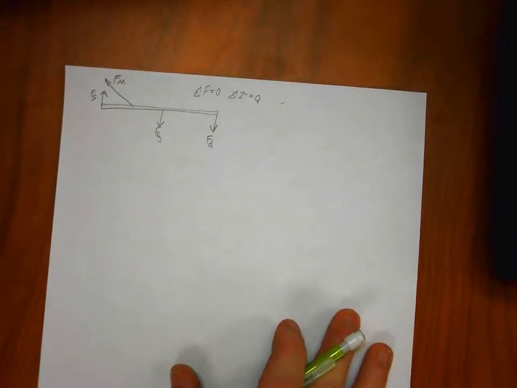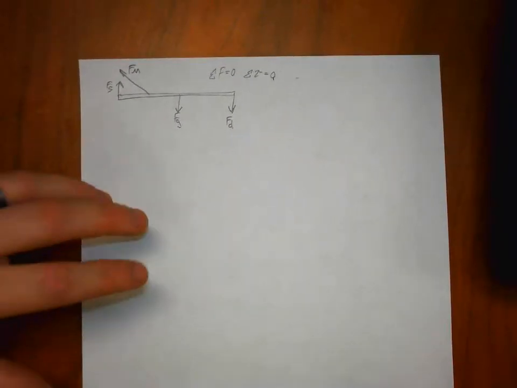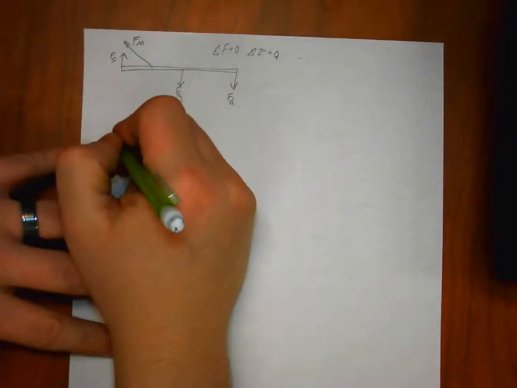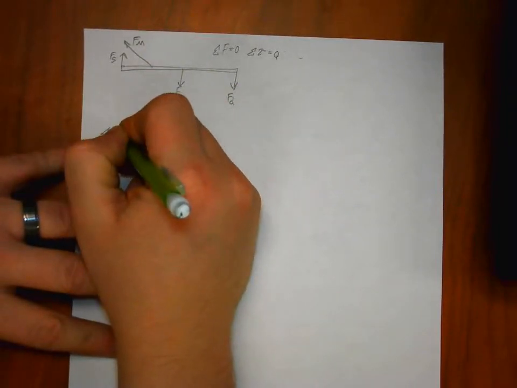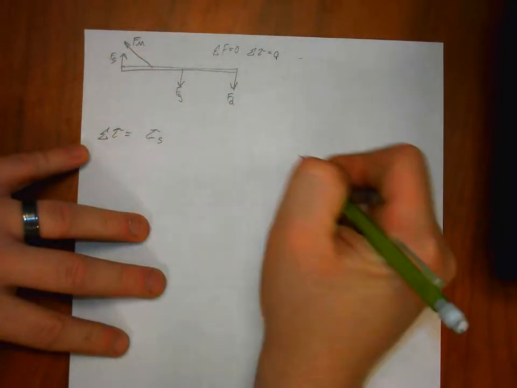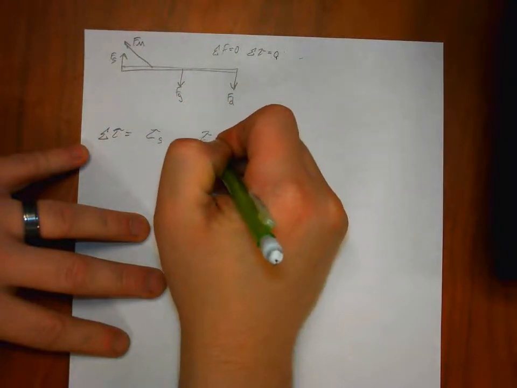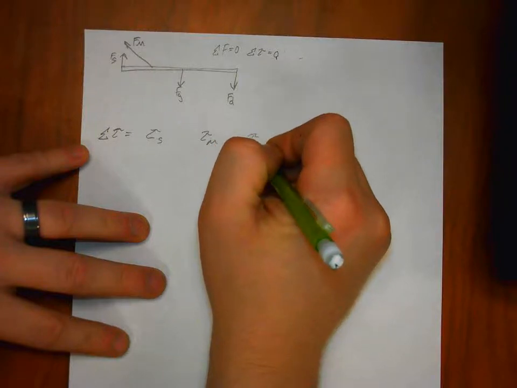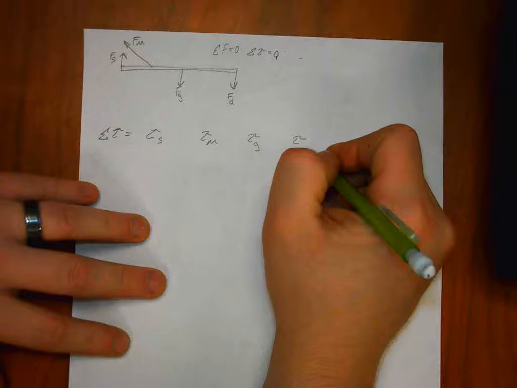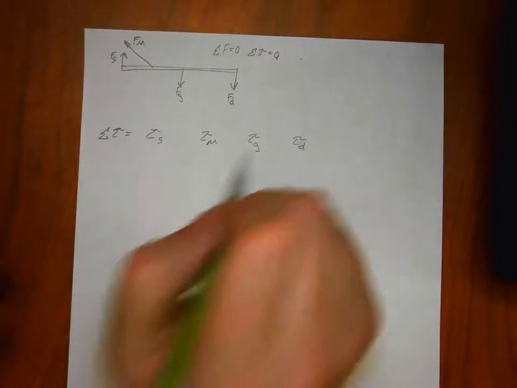Okay, I'm moving the question aside, but you've got the PowerPoint slides, I'm sure, so you can refer back to the question on there. The sum of the torques is equal to the torque from the shoulder, the torque from the muscle, the torque from the gravitational force of the arm, and the torque from the dumbbell.